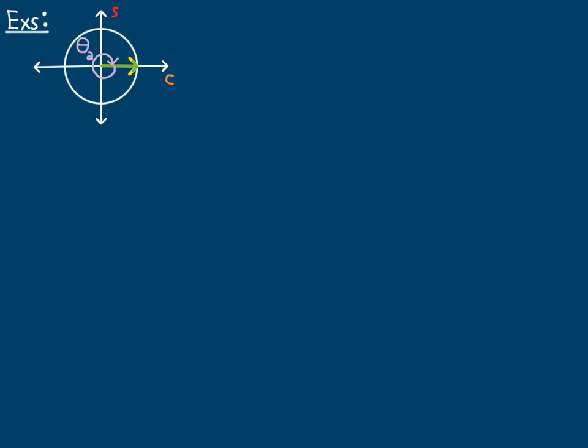Clockwise means it's a negative angle, and I'm going all the way around the circle once, which is 2 pi. So it's going to be negative 2 pi. That's that angle there, marked by the purple arrow.